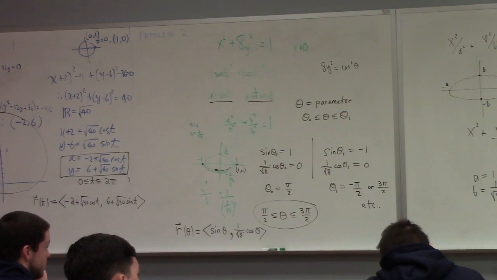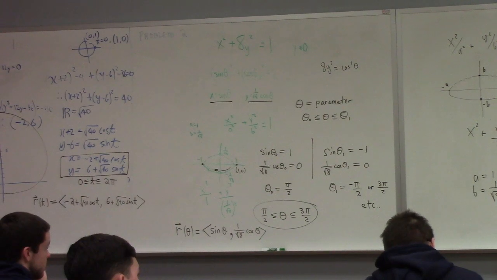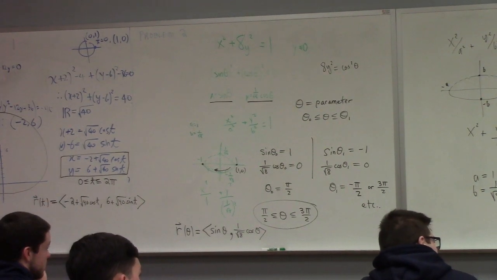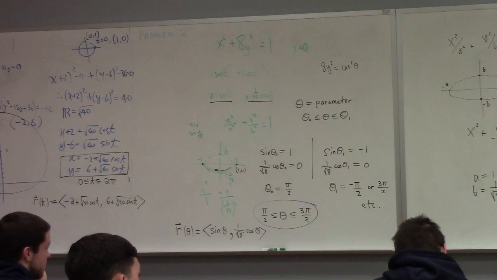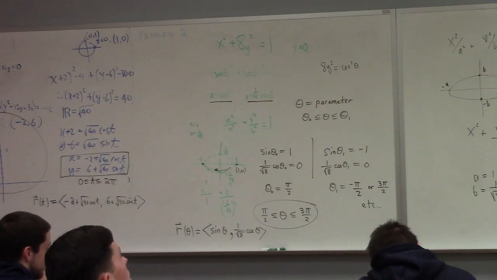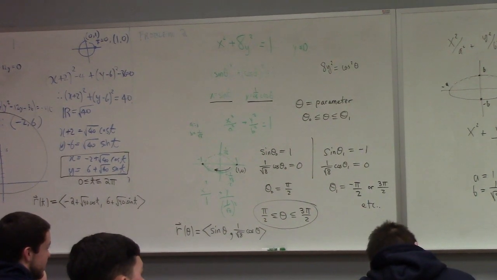Okay, so let me just redraw the picture again. So what's going on here is this has radius 2, right? Which means that we're looking at root 2 and root 2 like that. Is that right? Okay, yeah. Sorry, I'm having Pythagorean doubts for a second there, but very good.